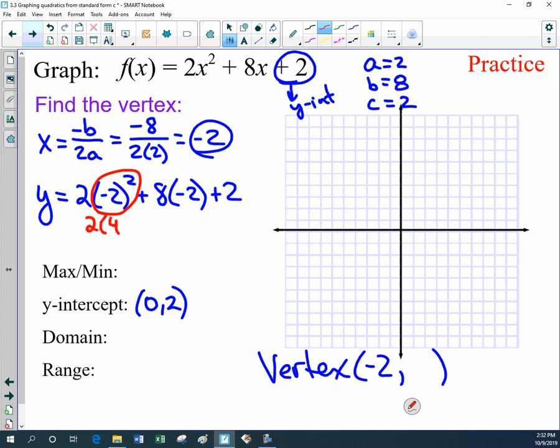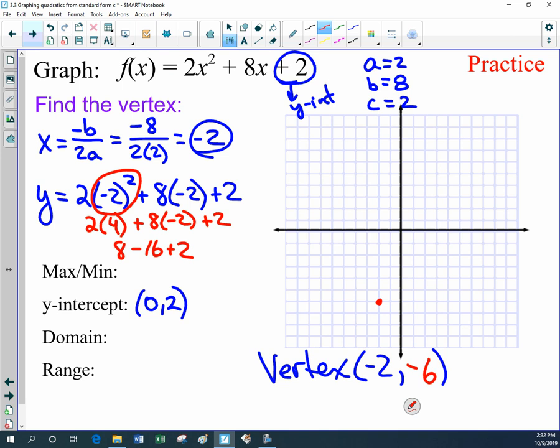So we end up with 2 times 4. I'll just write this out here. 2 times 4 is 8. 8 times -2 is -16, and then plus 2. So 8 minus 16 is -8, and -8 plus 2 is -6. So our vertex is at -2, -6. Okay, so here's our vertex.